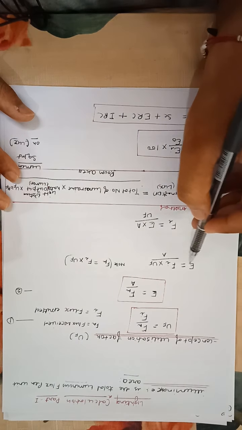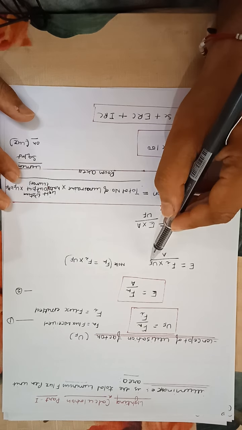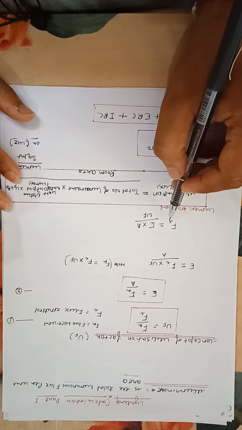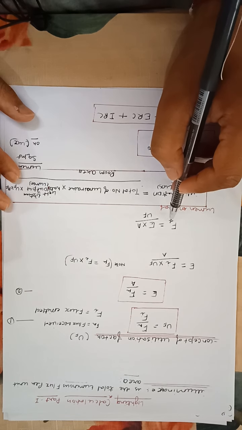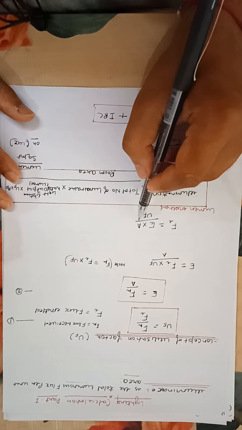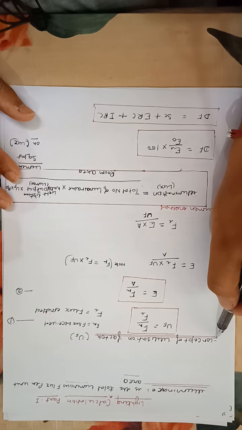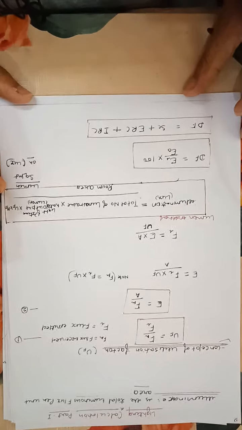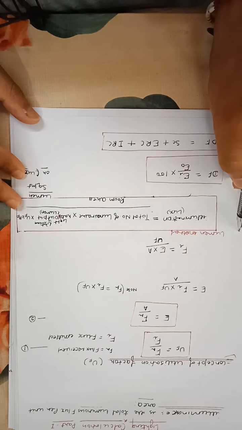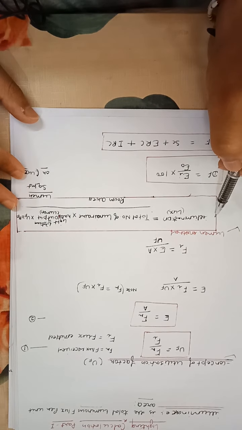Then it becomes this formula: E is equal to FI into UF by A, and flux emitted, F, is equal to E into A by UF. This is used if a utilization factor numerical is there. And the lumen method is important, and we will use this formula only.